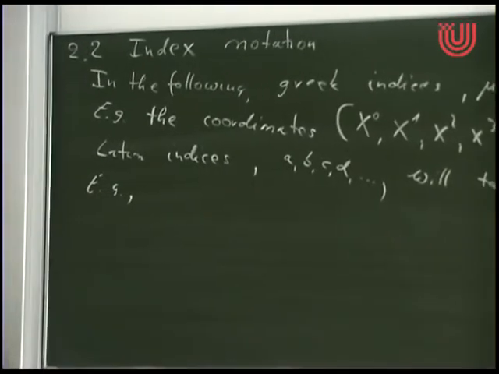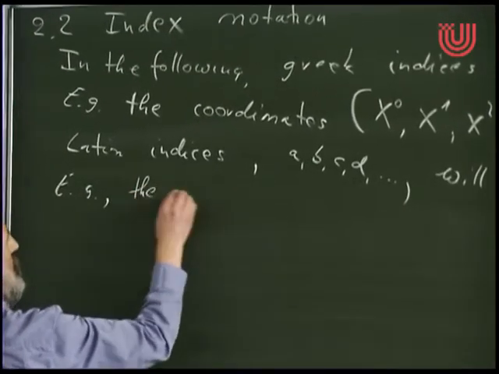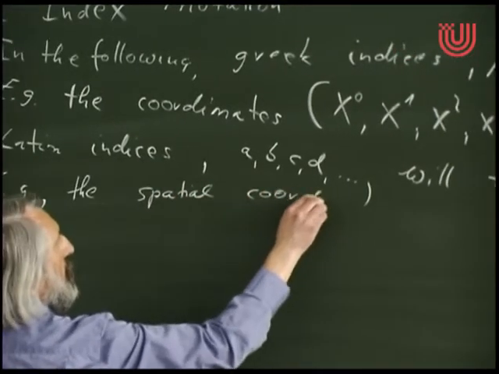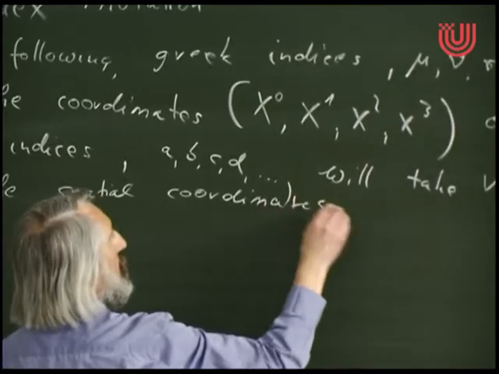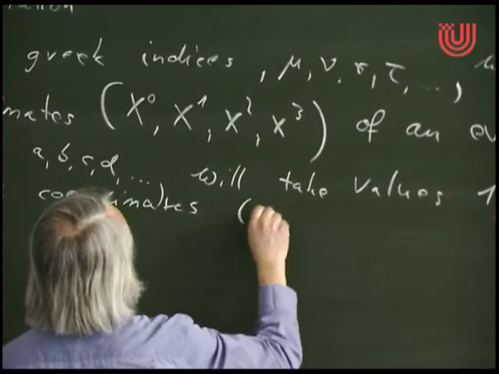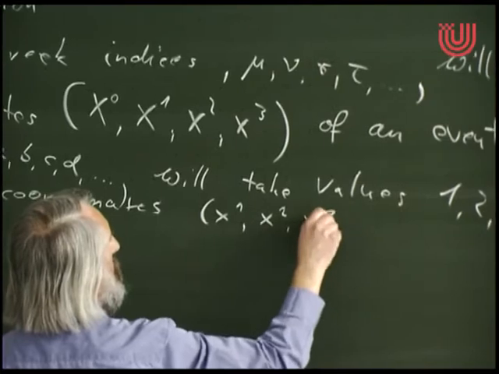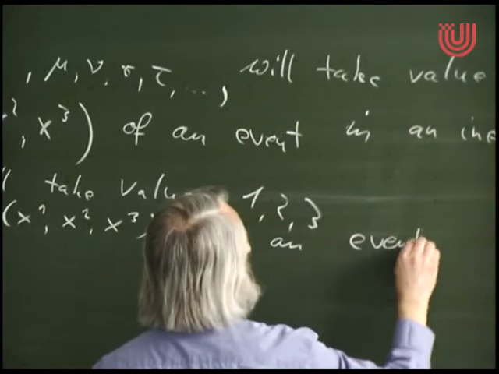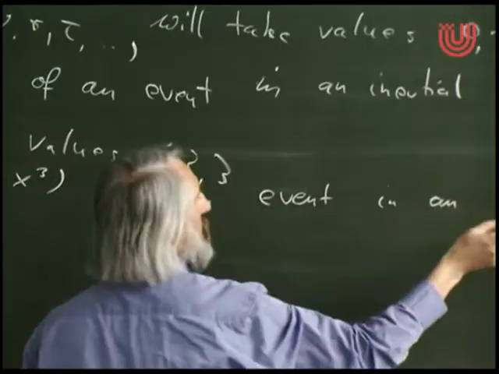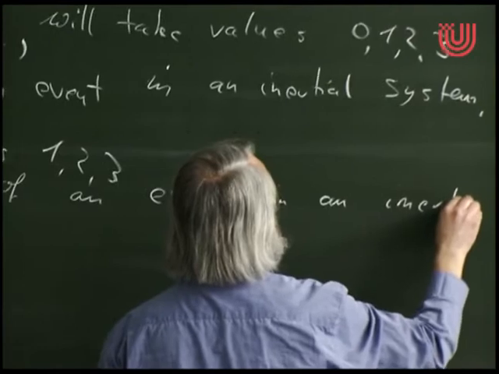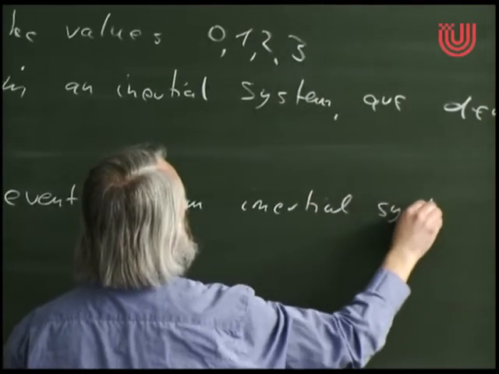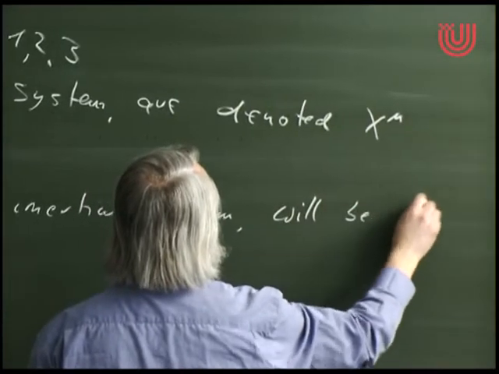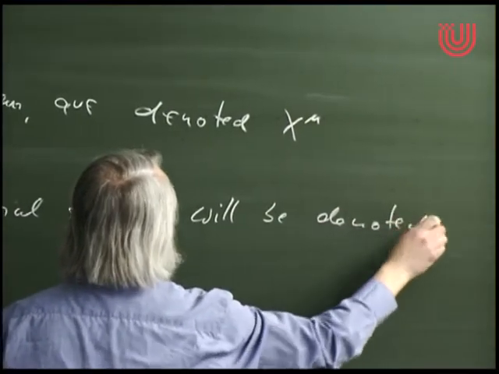For example, the spatial coordinates only, x1, x2, x3 of an event in an inertial system, will be denoted x^i or x^a.